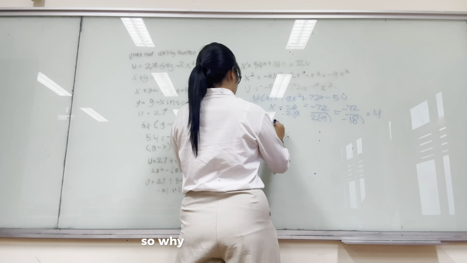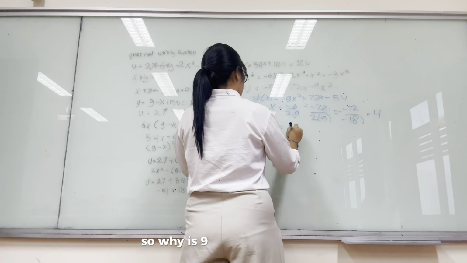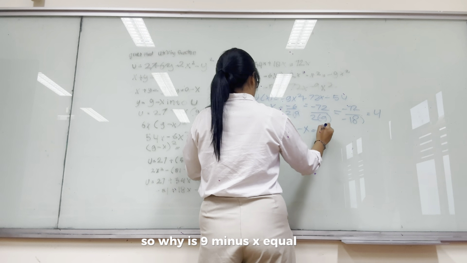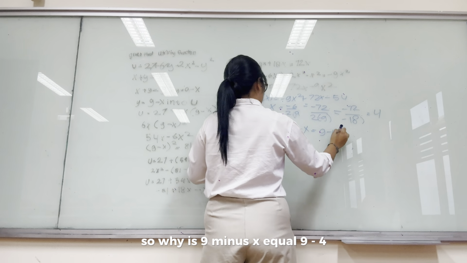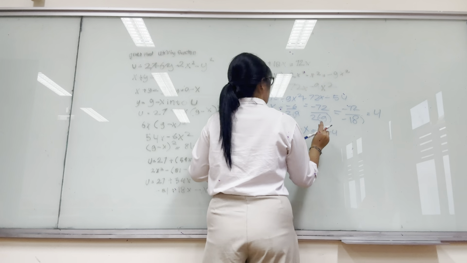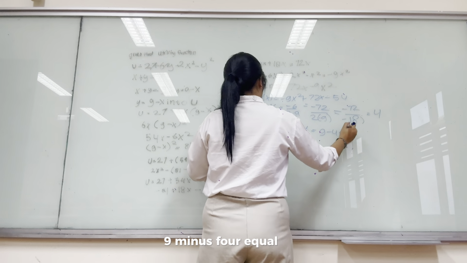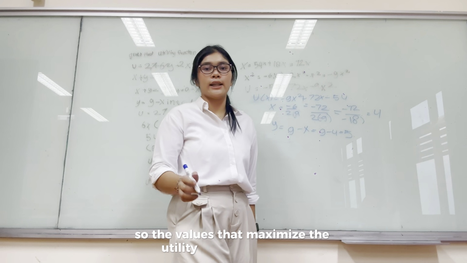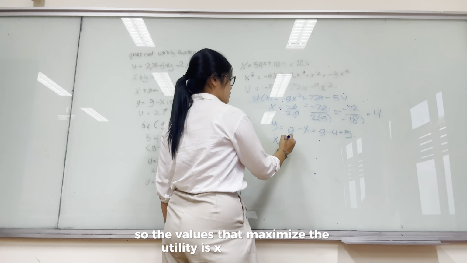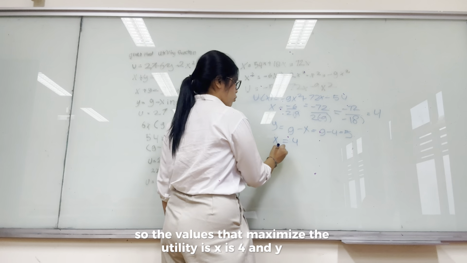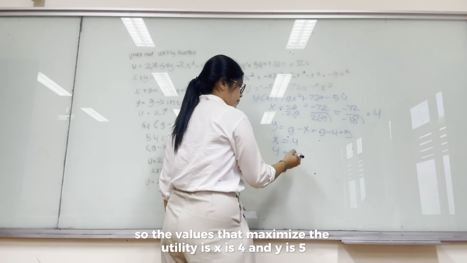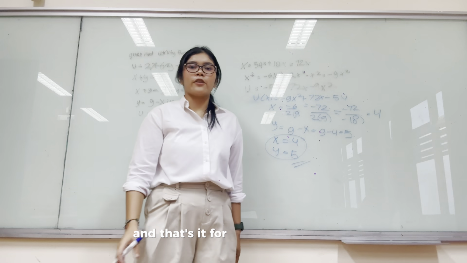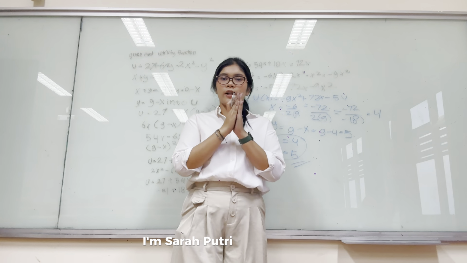So y is 9 minus x equal 9 minus 4, equal 5. So the values that maximize the utility are x is 4 and y is 5. This is the final answer. And that's it from me. Thank you so much. I'm Putri Leoni. Goodbye.